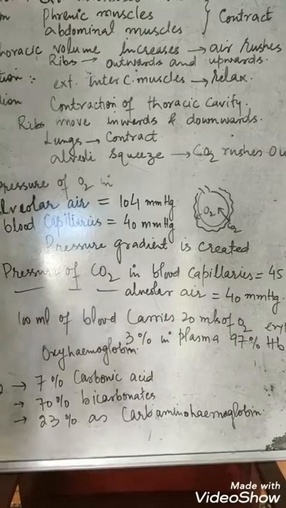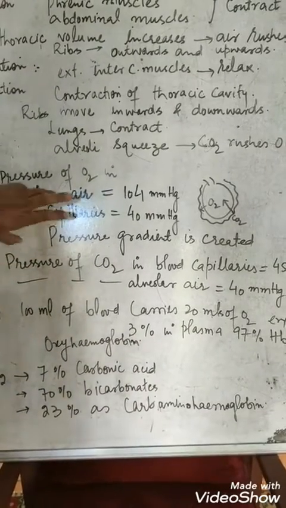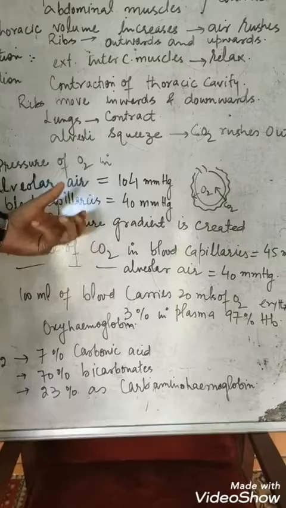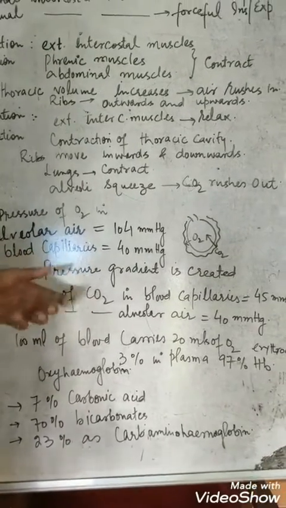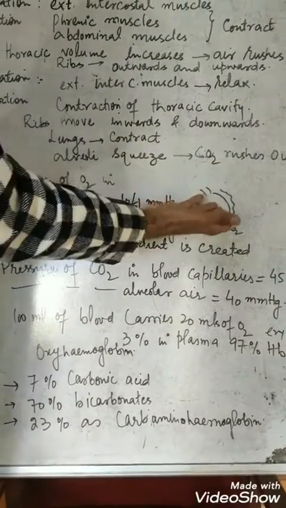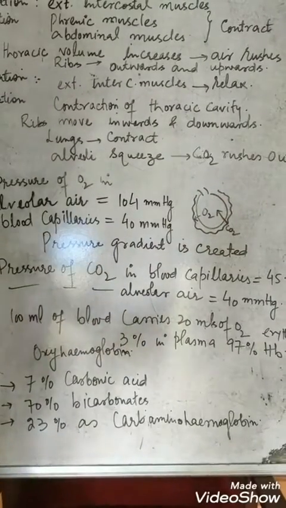Now, what happens? A pressure gradient is created because of the huge difference in pressure, and because of this pressure gradient the oxygen diffuses from the alveoli into the blood capillaries.